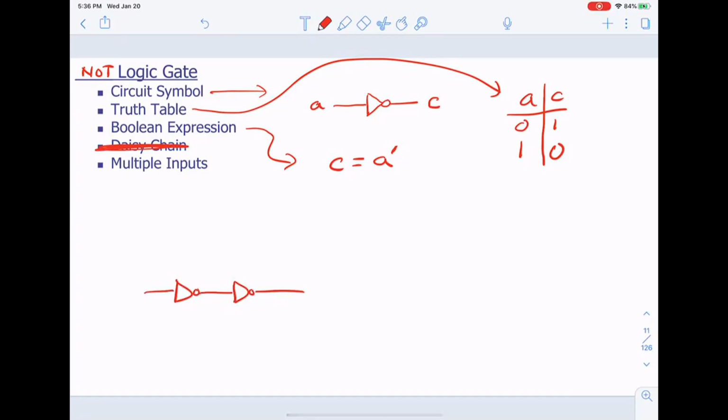Because then you would have an input A and the output would be C, which is A prime prime, and we're going to learn a Boolean theorem that says that just equals A. So it doesn't do anything. It basically turns it back to what it was before. So that's kind of a way of doing daisy chain, but technically it's not, because there are no multiple inputs. So you cannot have a multiple input NOT gate.